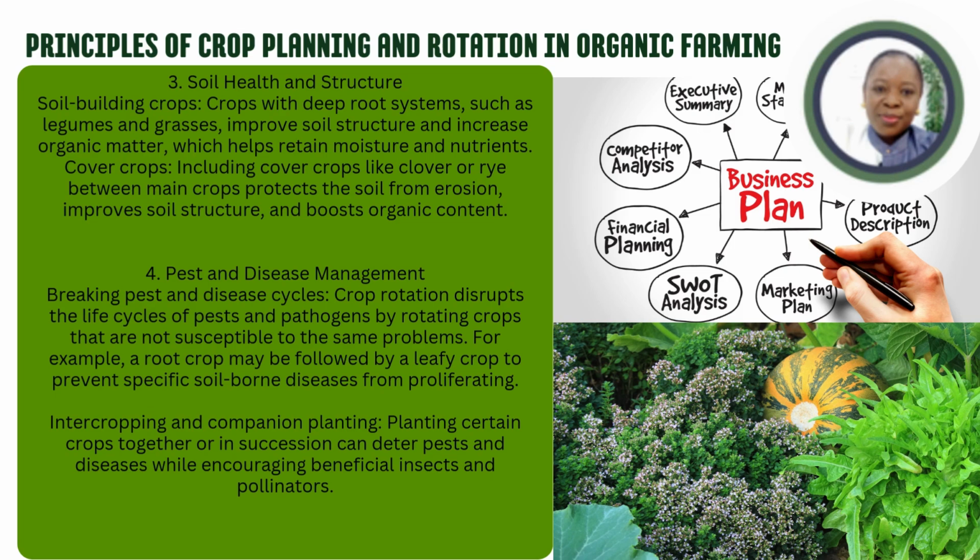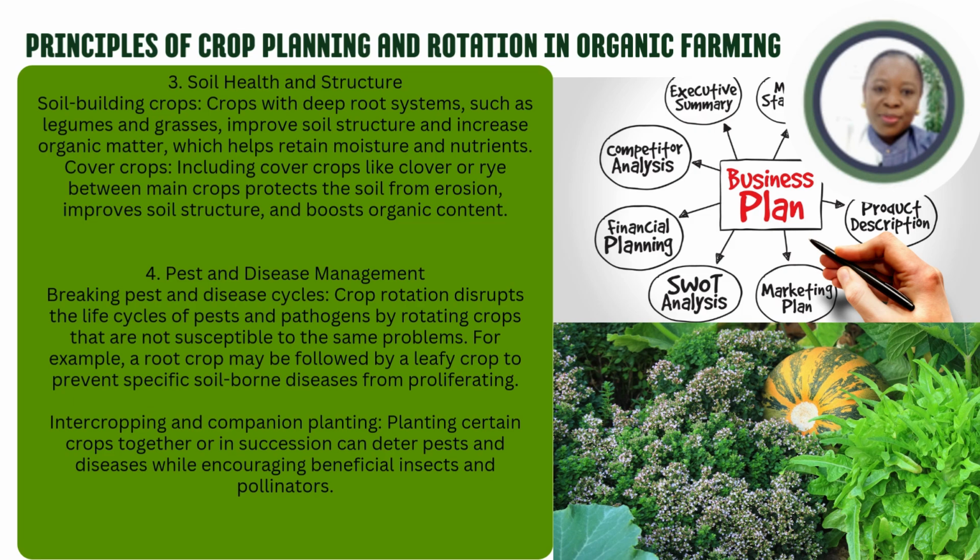4. Pest and disease management. Breaking pest and disease cycles. Crop rotation disrupts the life cycle of pests and pathogens by rotating crops that are not susceptible to the same problems. For example, a root crop may be followed by a leafy crop to prevent soil-borne diseases from proliferating.